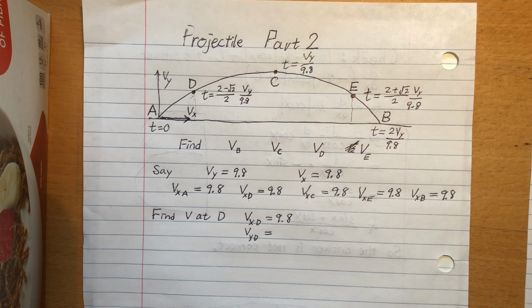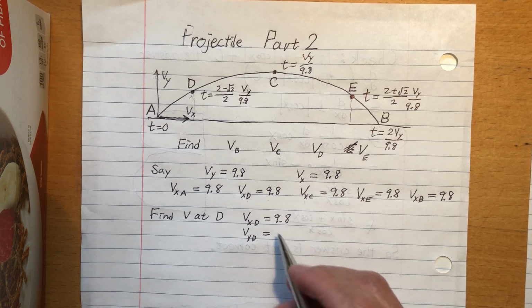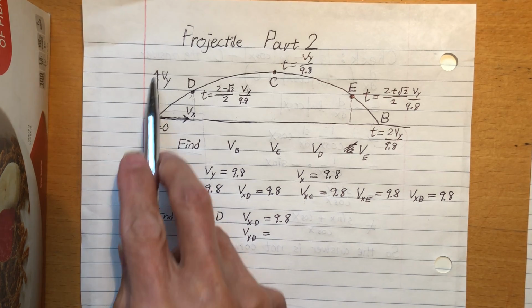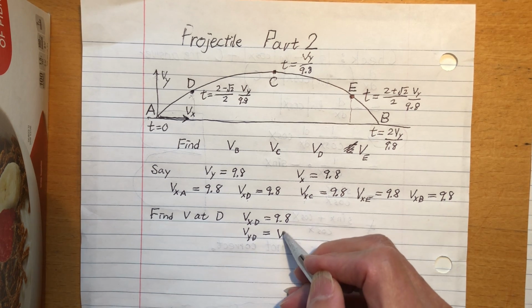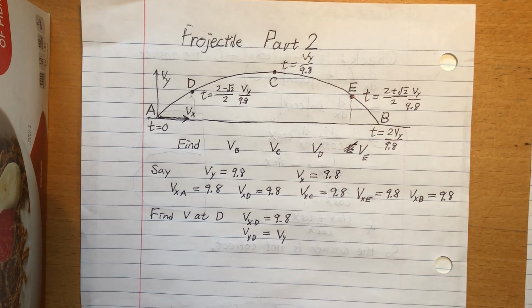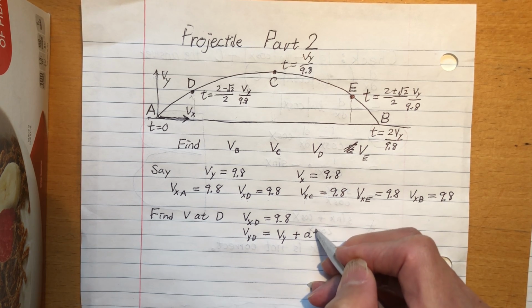I use the kinematics equation: V final is equal to V initial plus at. So the V initial, the y component, is Vy. That's my initial vertical velocity, plus acceleration times time.